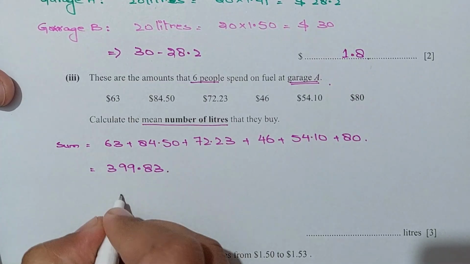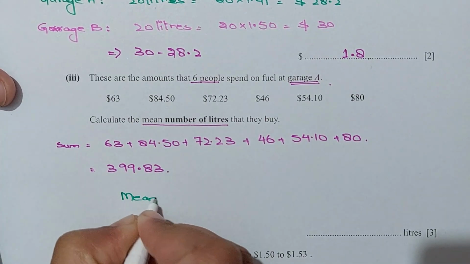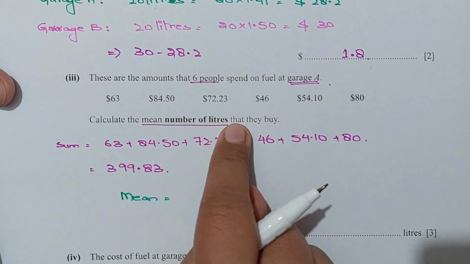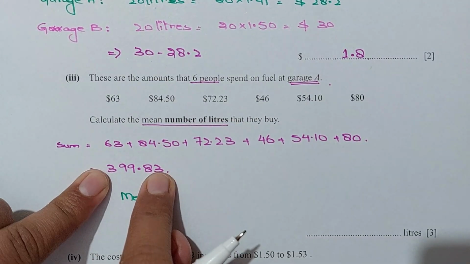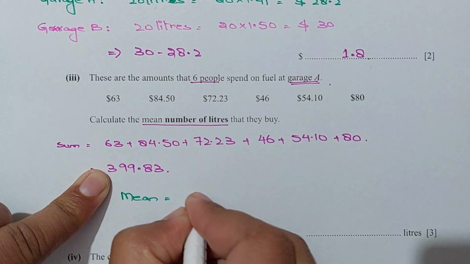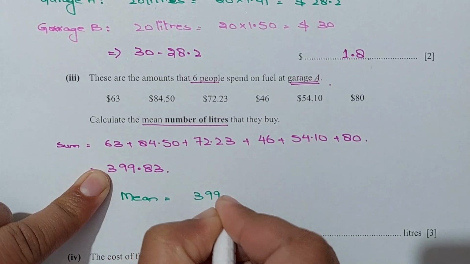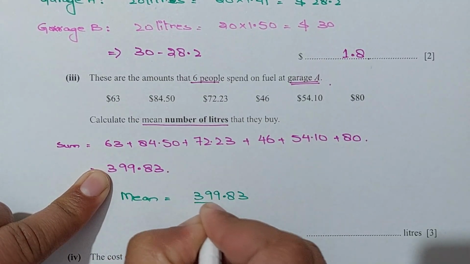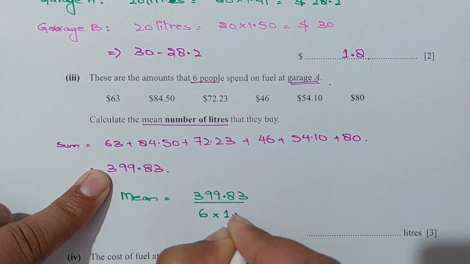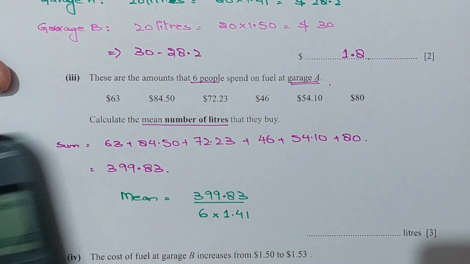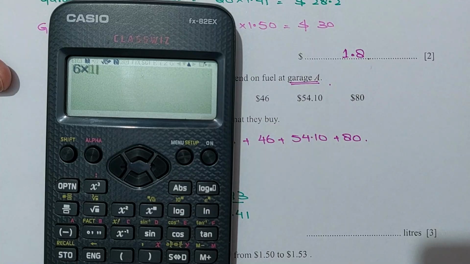Now let me find out the mean number of liters. So this is the cost, the amount in dollars, which is 399.83 divided by the 6 people that spend this much amount per liter. Okay, 6 times 1.41.